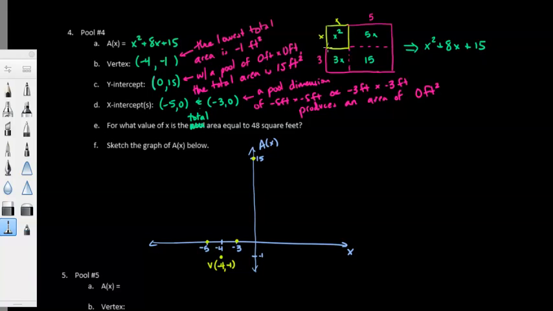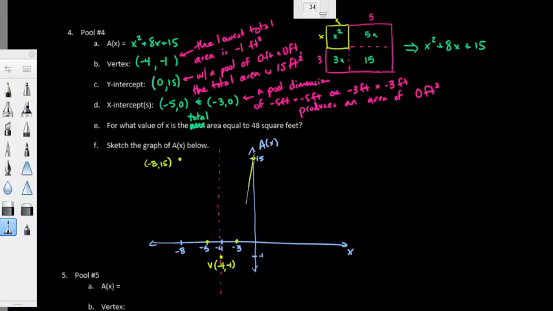So I'm going to put that on my graph as well, right around there. And then I might put in my axis of symmetry because sometimes that's handy to have on a graph. That's the vertical line going right through my vertex.